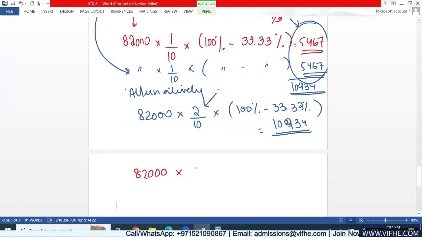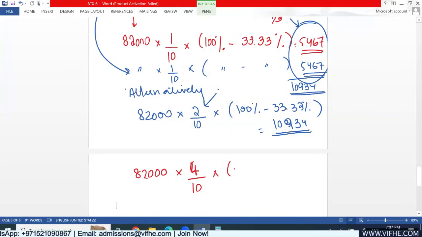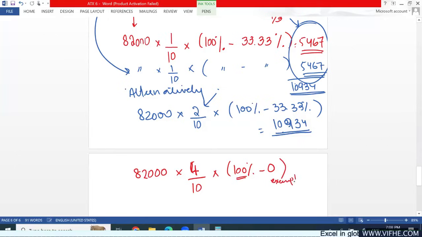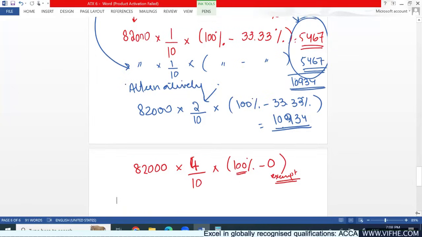82,000, as now 4 out of 10 years are left. Though initially we recovered 100%, why we recovered 100%, because it was totally involved in making taxable supplies. But as it is now an exempt disposal, it is not being considered to be used for making taxable supplies. So nothing is to be retained.